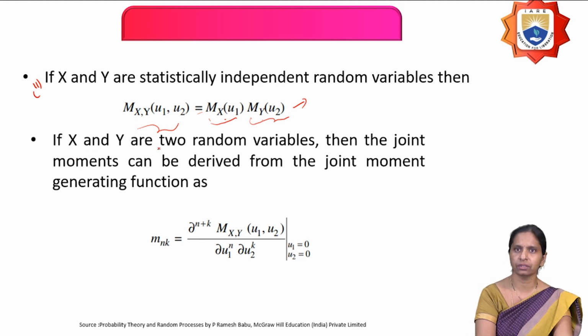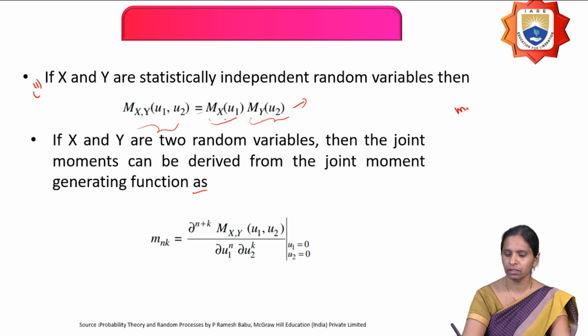If x and y are two random variables, then the joint moments can be derived from the joint moment generating function. Previously we had two formulae. One is, if you know the joint density function, then the joint moments about the origin are the expectation of x power n into y power k.